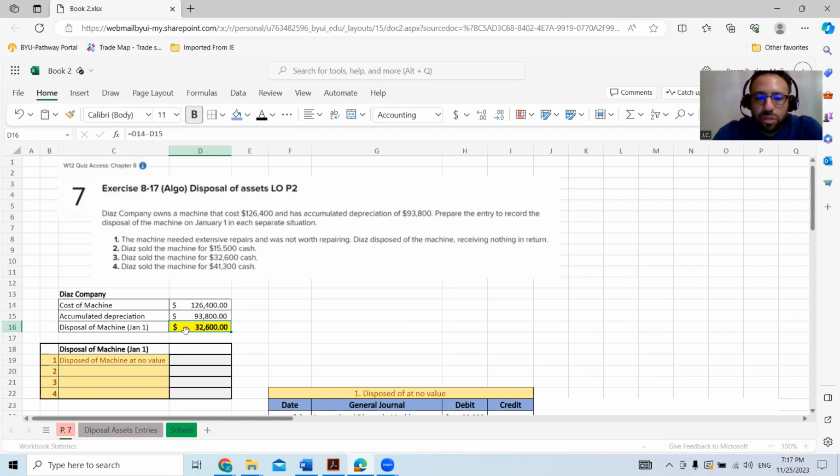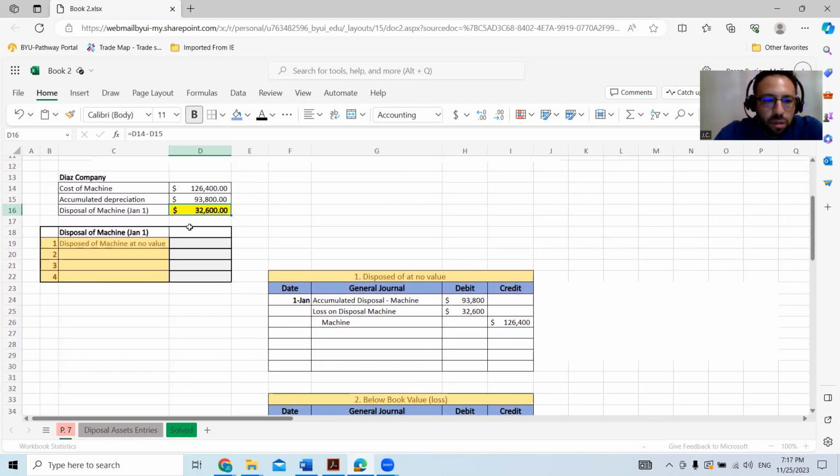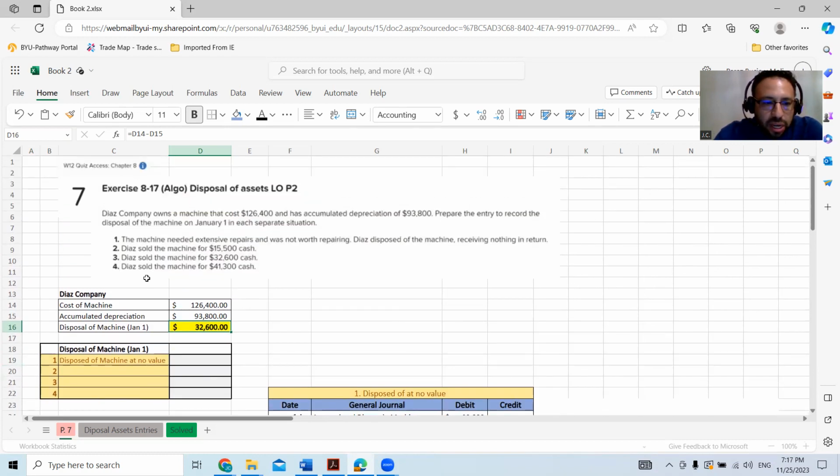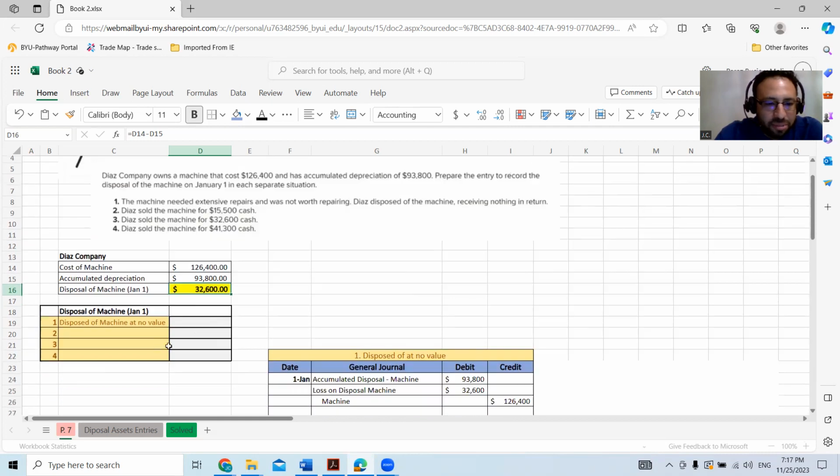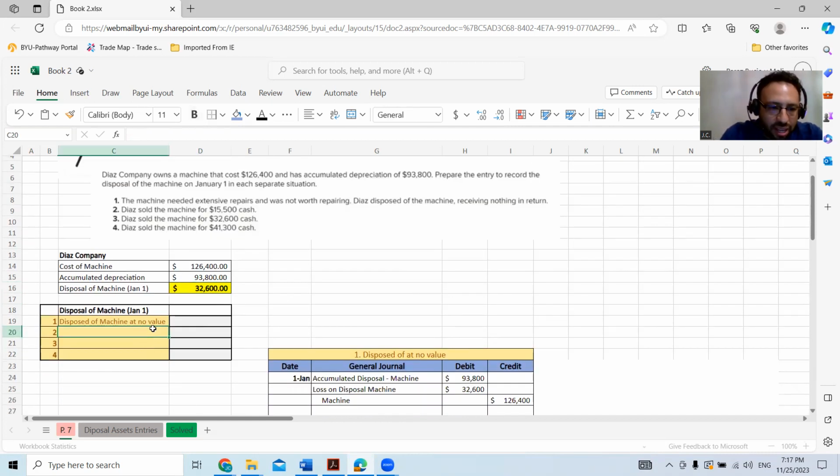And if we sell it at exactly 32,600, then we're even. We're not gaining or losing any money. And so for the second one, they say, even though the book value is 32,600, you sold it at 15,500 dollars. So we lose.